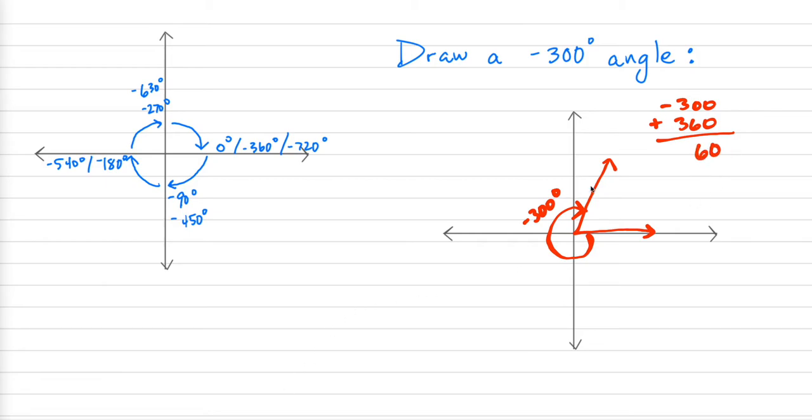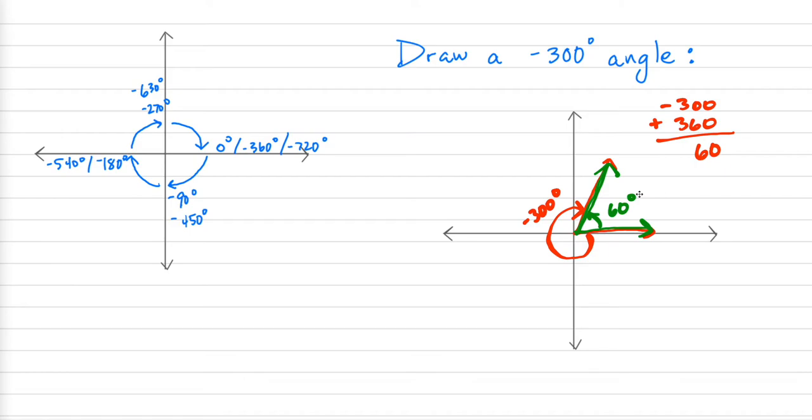So that would mean that if I draw a 60-degree angle, it would end up at the same location. So the whole thing about the degrees, it just means which way you're turning and how far.